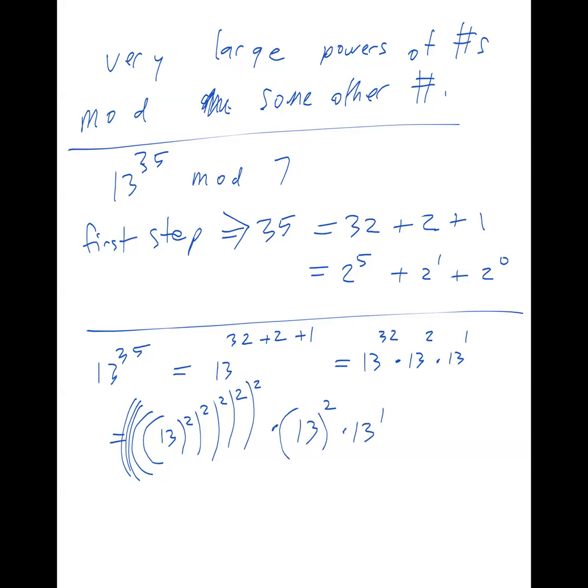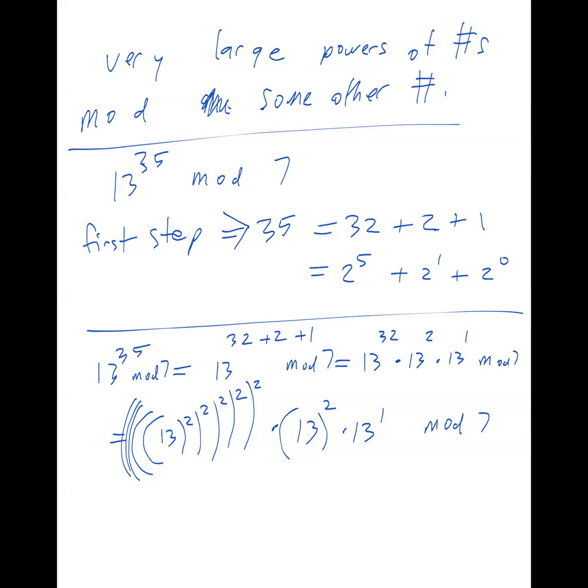Now that we've expressed 13 to the 35 as all those different powers of 2, we're going to reduce it mod 7. So what's 13 to the 35 mod 7? It would equal that mod 7, which would equal this mod 7. And according to that theorem, I can reduce each factor within it by its remainder mod 7. So what's 13 mod 7?